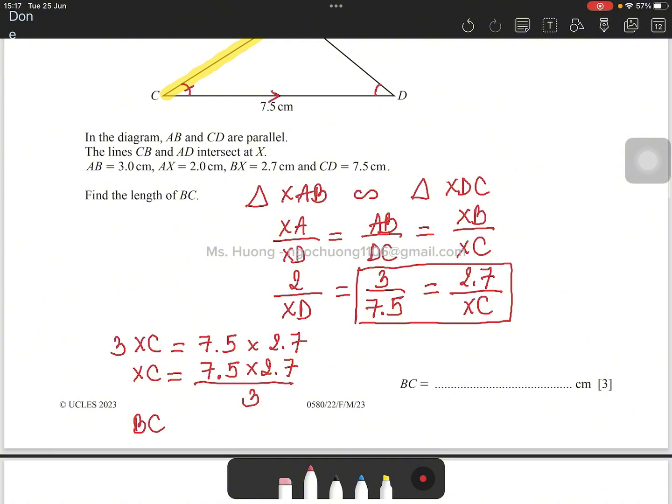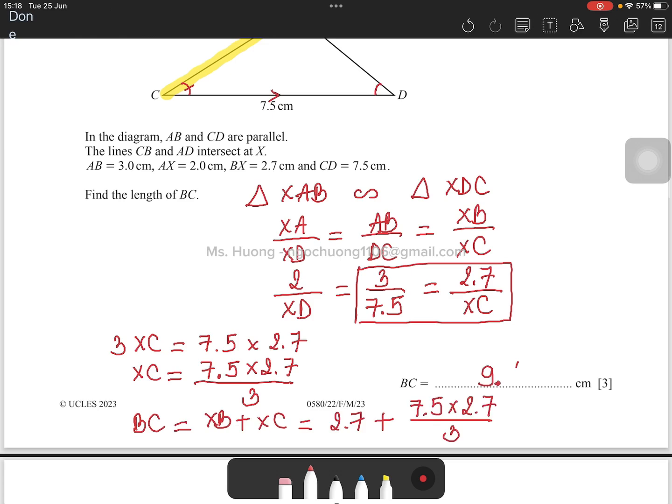XB is 2.7 and XC is the value you can find from the calculation above. So the final answer for this is 9.45.